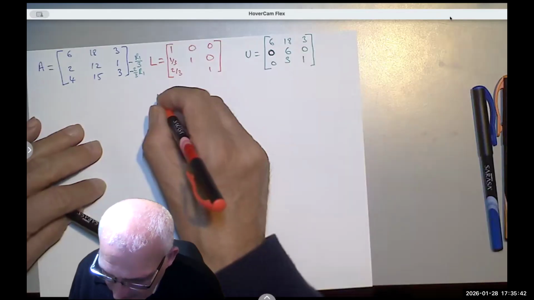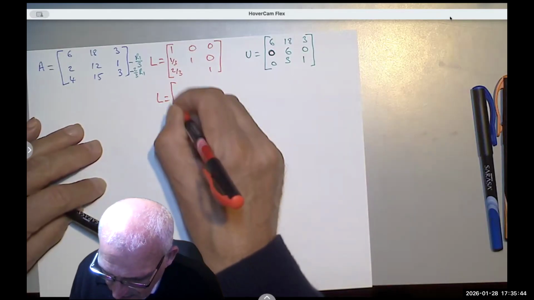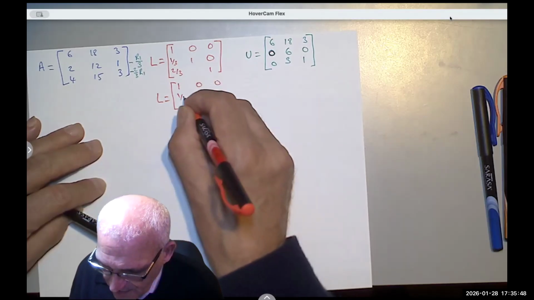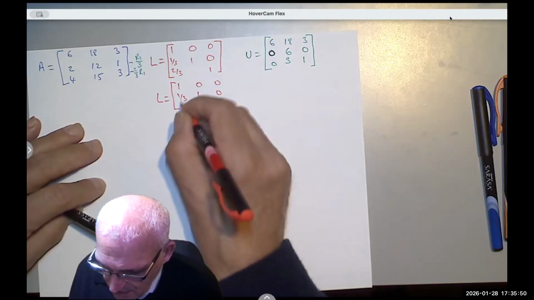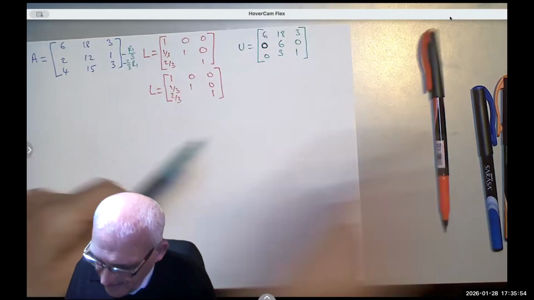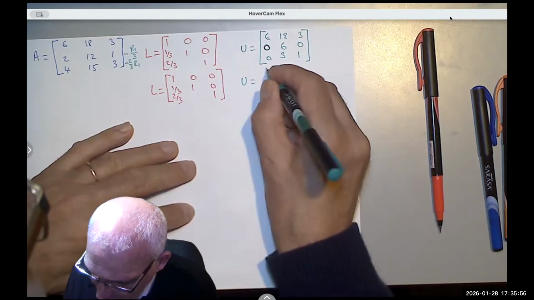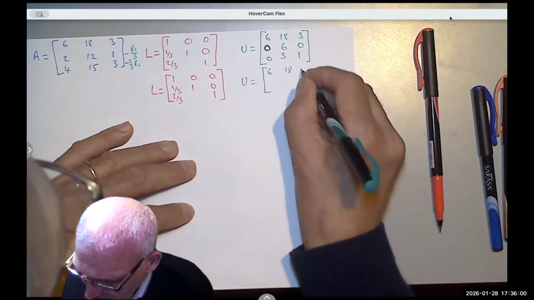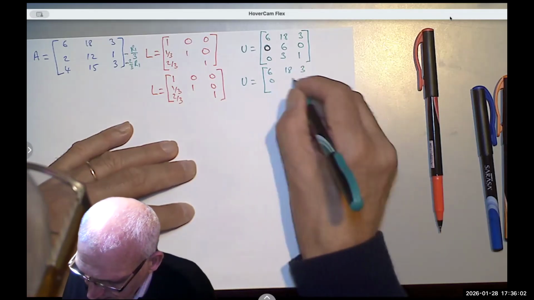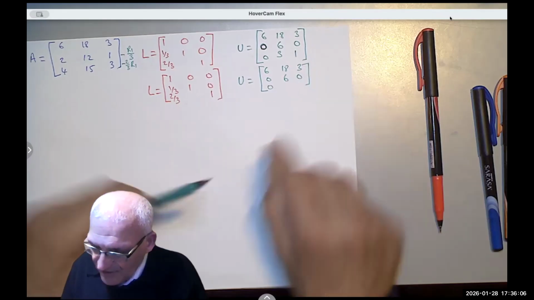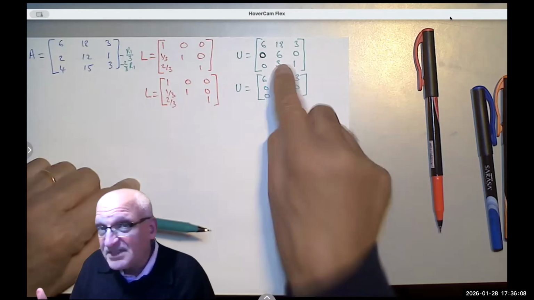So let's rewrite the lower: 1, 0, 0, 1/3, 1, 0, 2/3, 1. And then for the upper, I'm going to write the first 2 rows. In fact, I can write the 0 also. It will never change. And say, okay, to get rid of the 3, notice I'm in the second column.